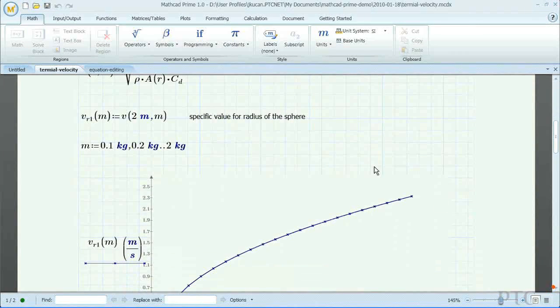Also, whenever we use units in a calculation, you notice they are highlighted in blue. That is to distinguish them from other variables, which may have the same name as in this example. We have m as meter, and we have another m which represents the mass, which is actually in kilograms. Notice that MathCAD is not confused, neither is the user reading this particular document.